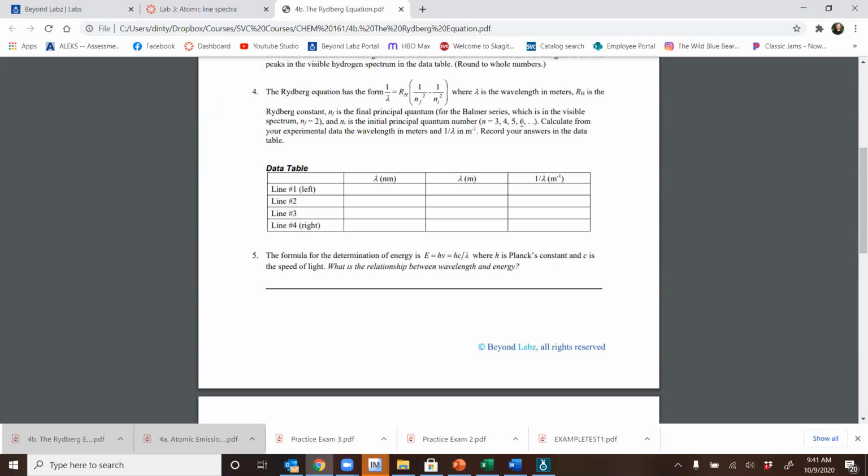And I'm going to draw a picture because you may not be able to figure that out without.